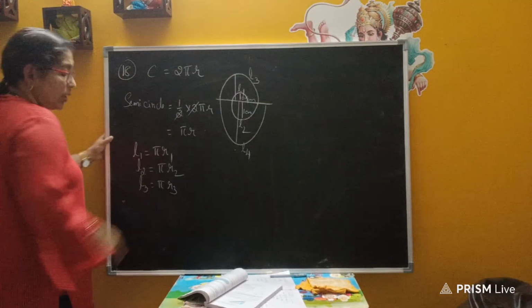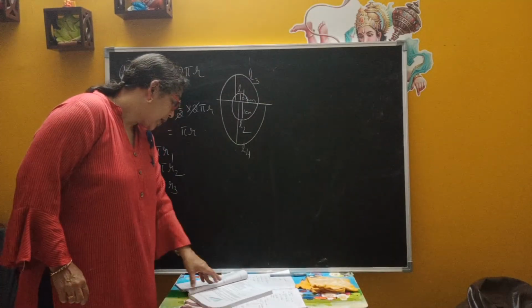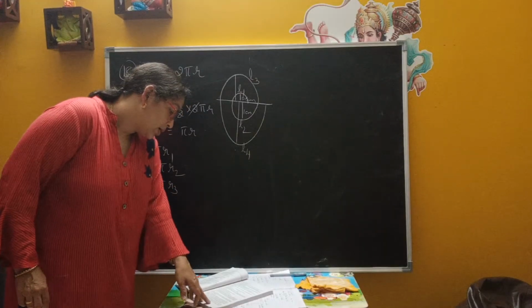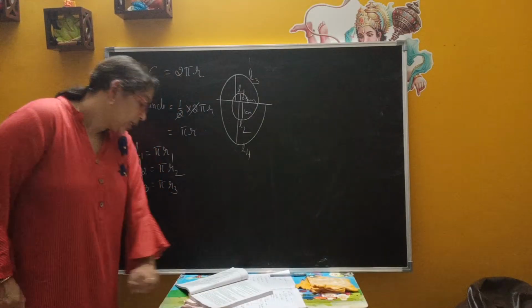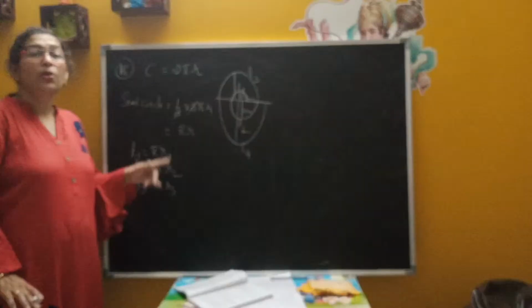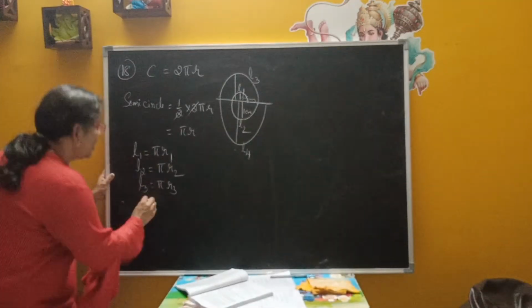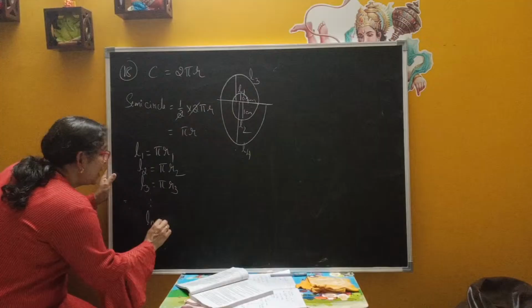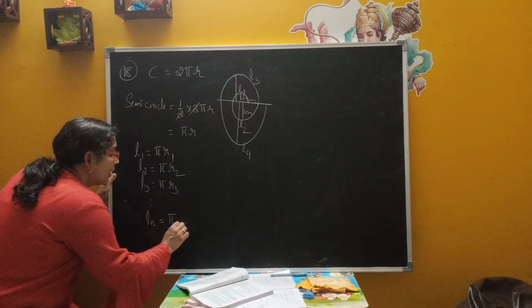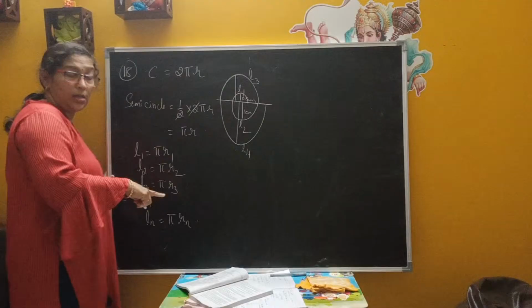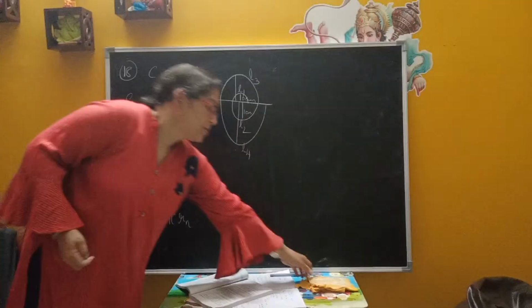It is asked to find the sum of 13 consecutive semicircles. So n is 13. We need to find till Ln, which is equal to pi into rn, the nth semicircle. What is the sum of this?